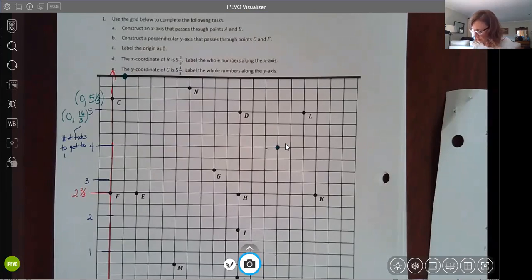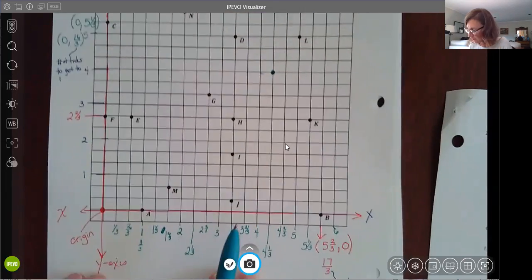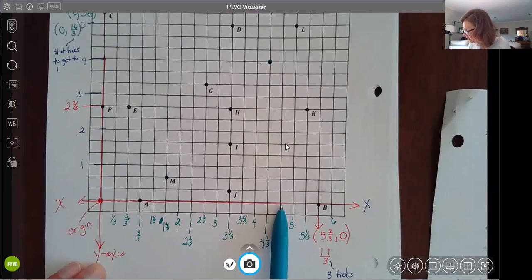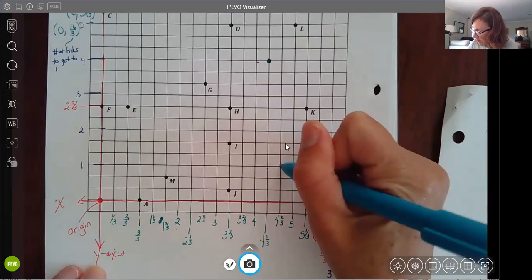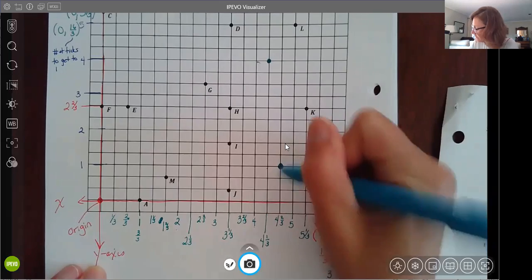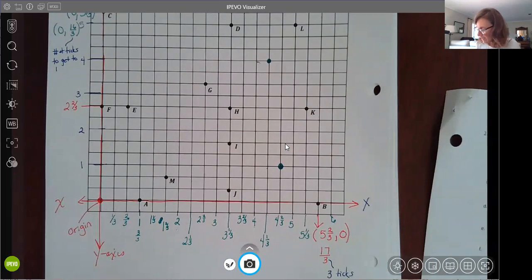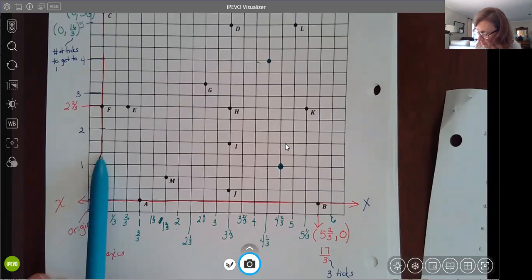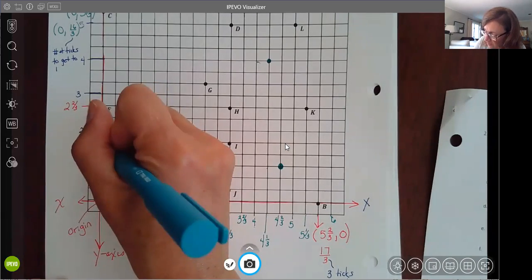So 4 2/3, we're going to go 4 2/3 to the right, and then find the 1. So it's right there, up 1. And then 0, so don't go to the left or right, but then go up 1 2/3. So 1, 1/3, 2/3. There's 1 2/3.